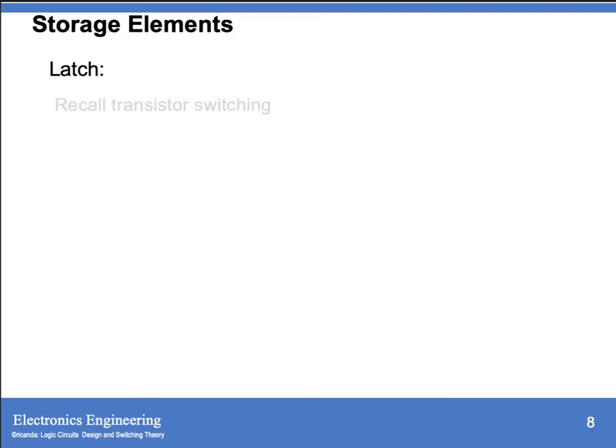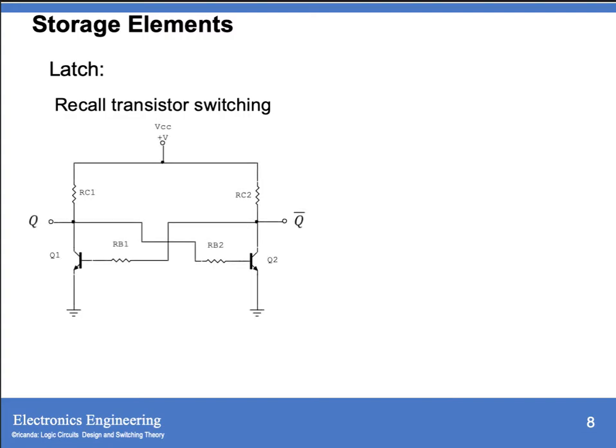So you can recall the transistor switching. This is our circuit in our transistor switching. We have two transistors connected back-to-back. The transistors have different saturation delay times. So we do not have equal delay time in all your transistors.